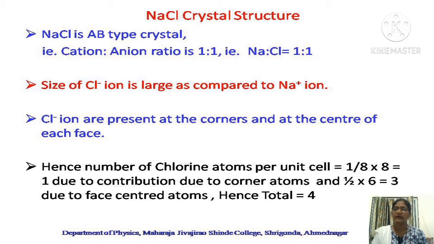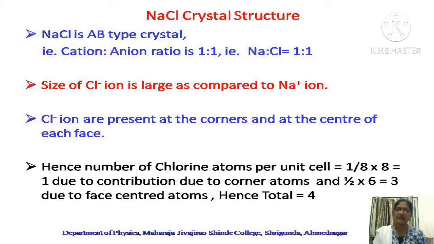Therefore, its contribution to the present unit cell comes out as 1/8, and there are 8 such corner atoms. Therefore, the number of chlorine ions per unit cell is 1/8 into 8, which is equal to 1. It means that due to the corner atoms, there will be only one chlorine ion.